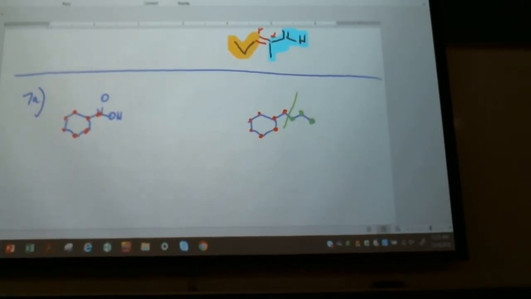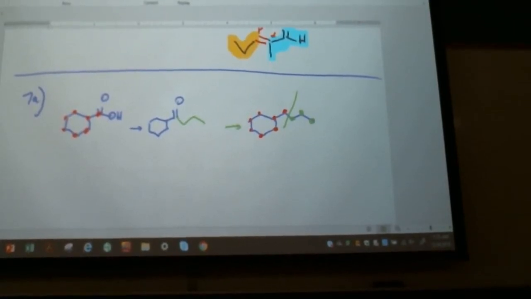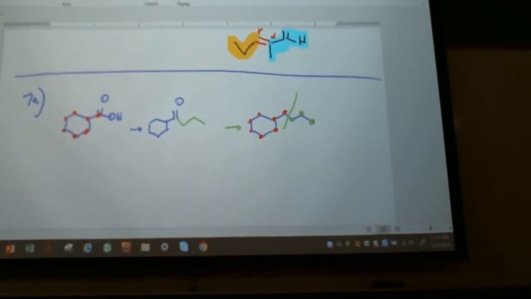So first of all, it would be useful to at least, from here, make this. Because then I could easily reduce this to the other thing. So it's a question of how do we make ketones.